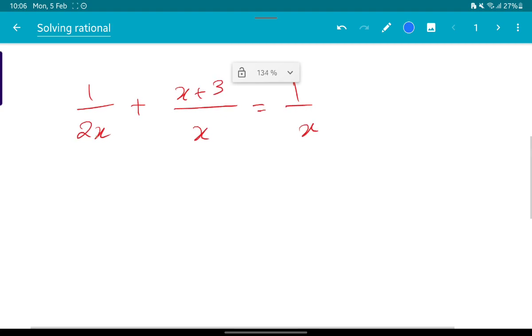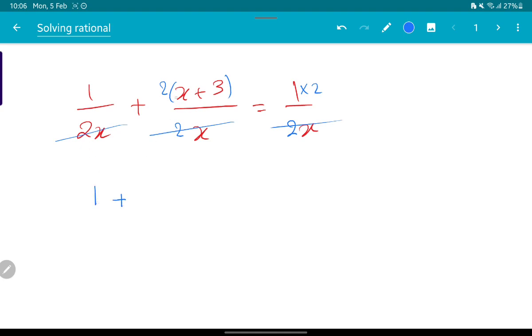Okay, so this is 2x. So this fraction, we need to multiply by 2. Now we have 2x. This also needs to be multiplied by 2. Now when we have same denominators, we cancel. We have 1 plus 2x plus 6 because we expand, equals 2.